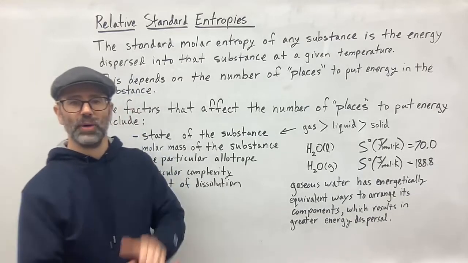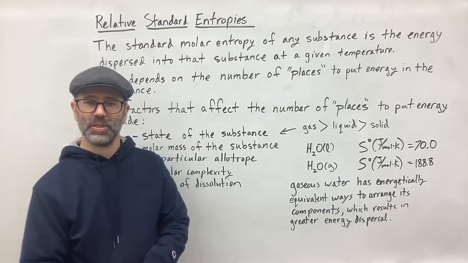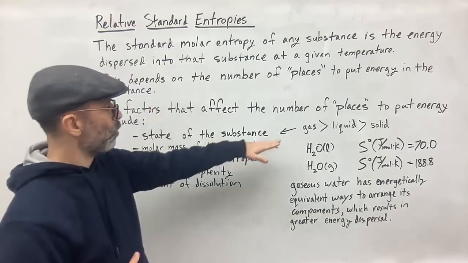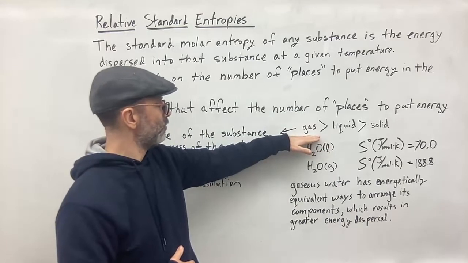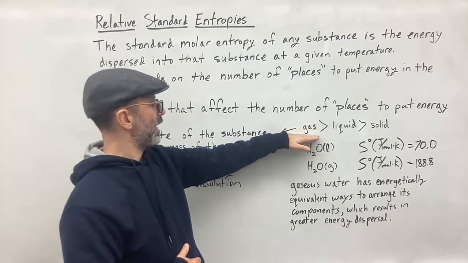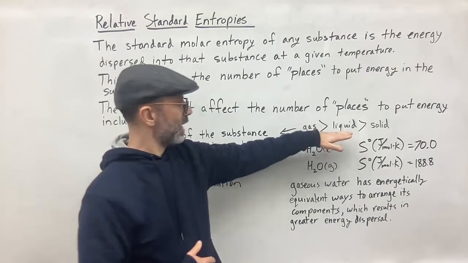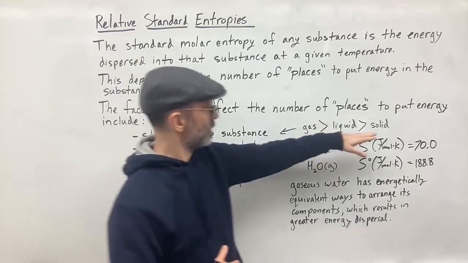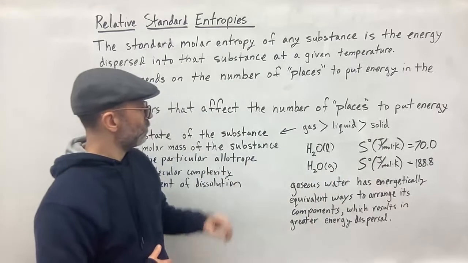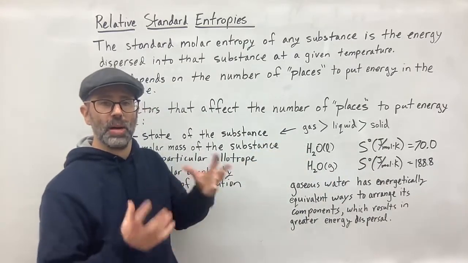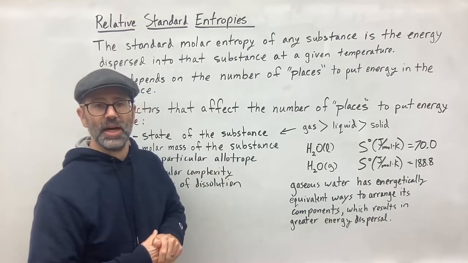So let's start with the state of the substance. What state of matter is it in? So we saw before that for a gas, you have a greater entropy when you are in a gaseous state versus a liquid state versus solid state. And that's because, again, you have these more places to put the energy.